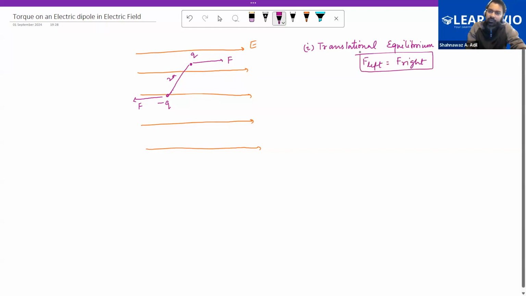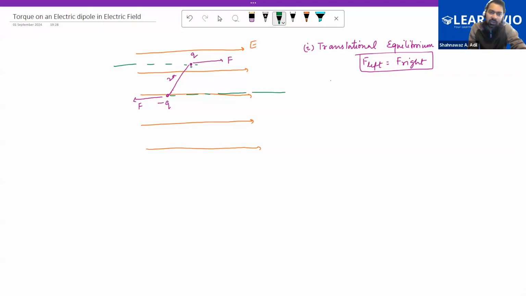Now this is creating a couple, because this is the line of action for this force and this is the line of action for this force, so they will create a couple.